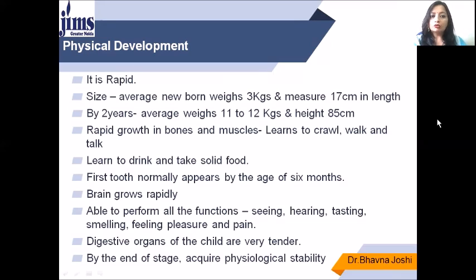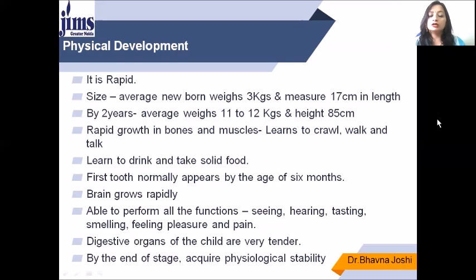So with respect to physical development, at this particular stage the child is able to learn to drink and take solid food. An infant child can hold the glass with his hands and drink by himself or herself.